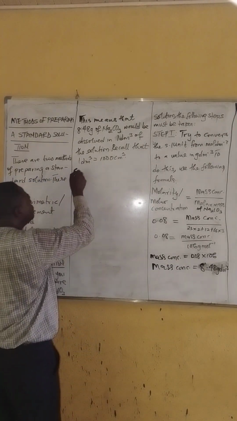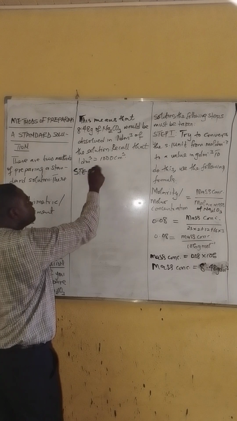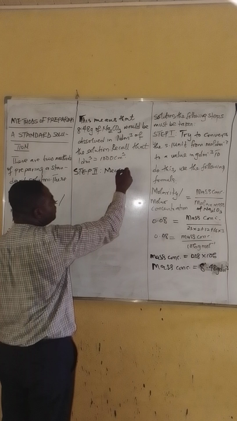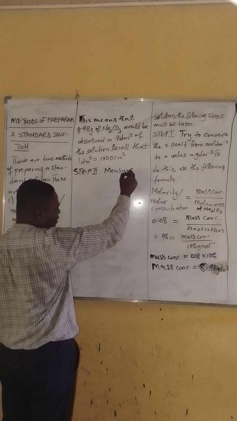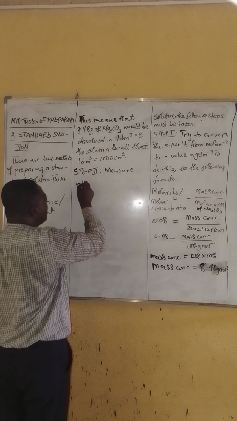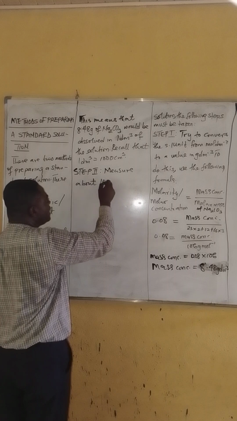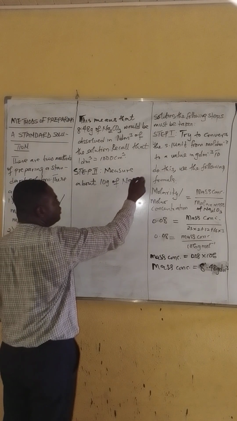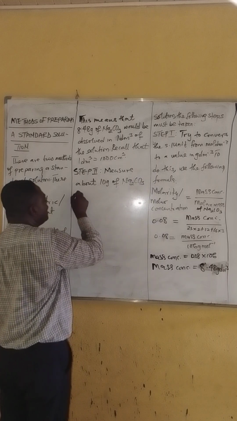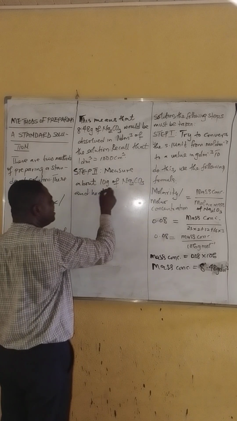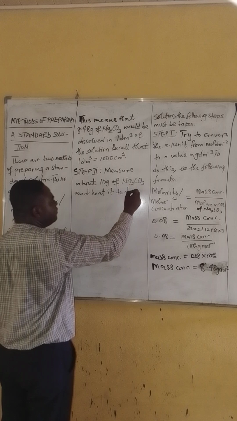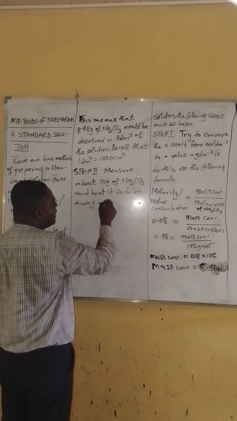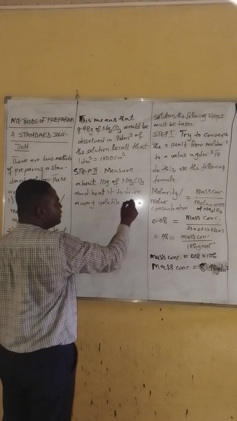Then step 2. Now, measure about 10 gram of Na2CO3 and heat it to drive away volatile impurities.